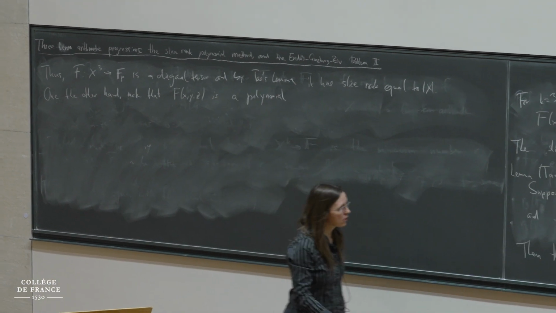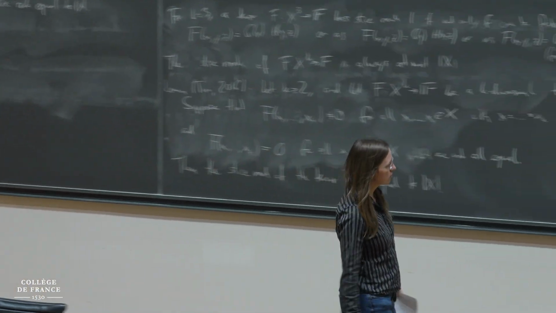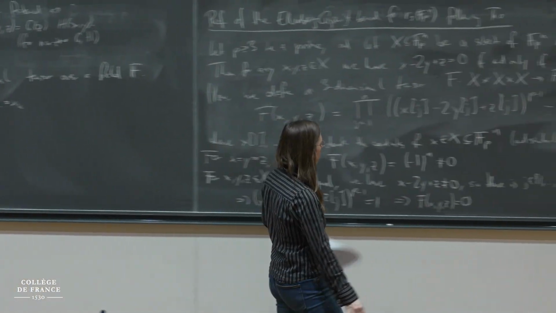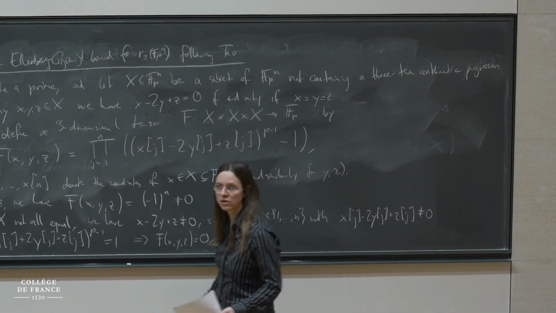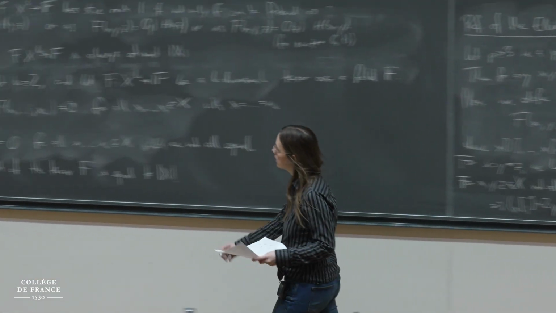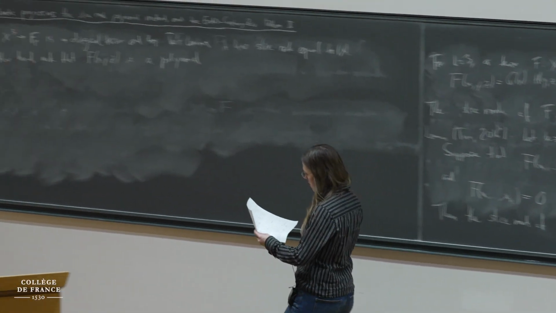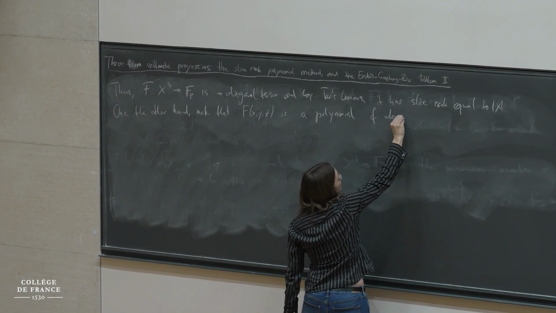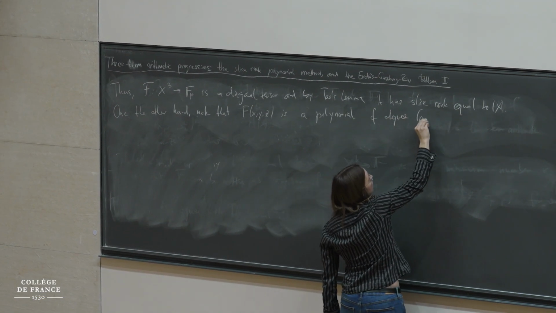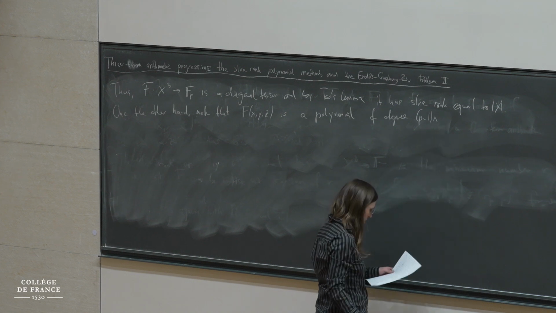So now the first question, what is the degree of the polynomial? Well, if you look at this, you have n factors of degree p minus 1 each, so the total degree is p minus 1 times n. So it's a polynomial of degree (p minus 1) times n.